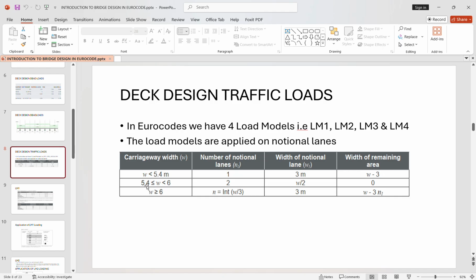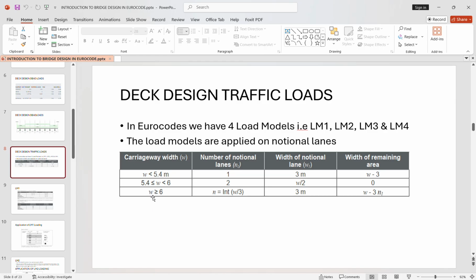So between 5.4 meters and 6 meters of a carriageway width, we shall be having 2 notional lanes, and then the width of the notional lane shall be W divided by 2, and then the width of the remaining area shall be 0.